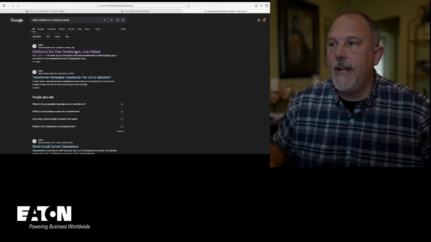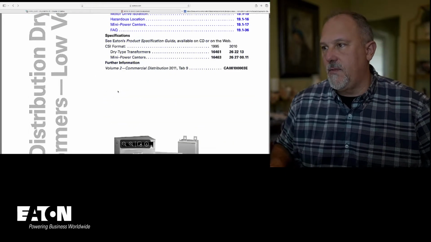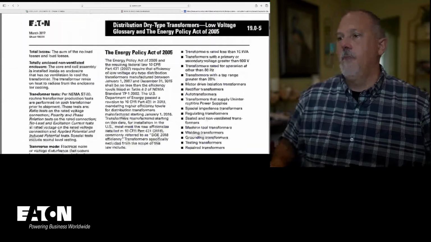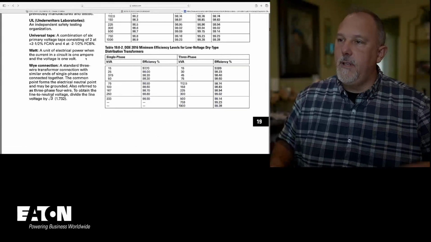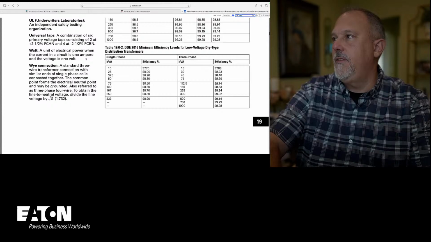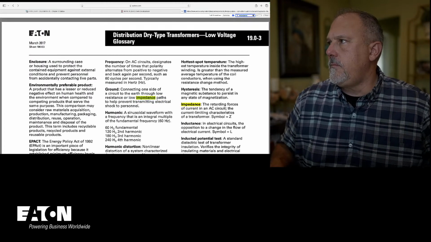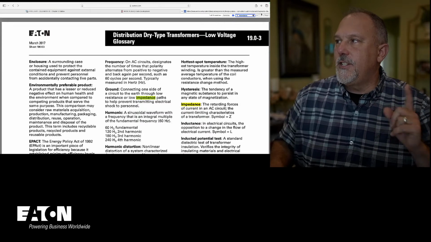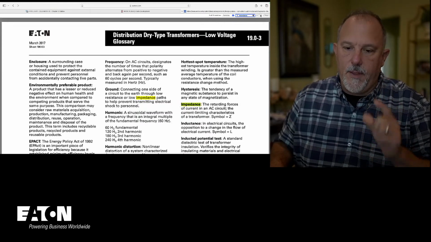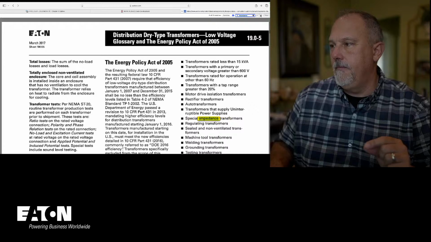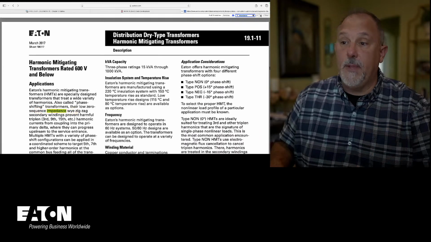Let's take a look at Eaton's dry type transformers, and I believe I can do a Control F and search for impedance. So challenge number one when we lay out a system is coming up with the impedance values.